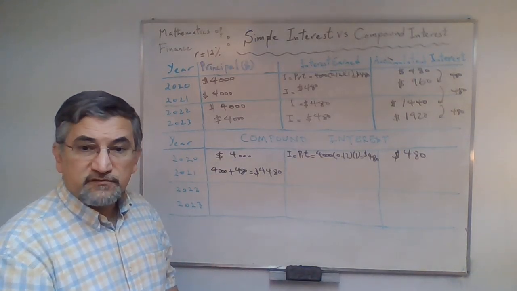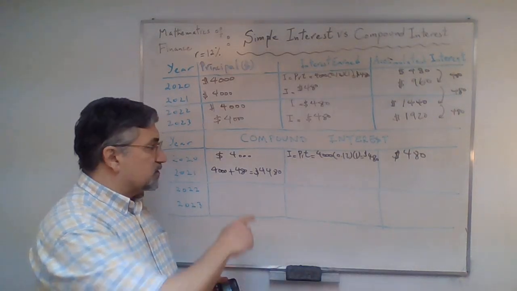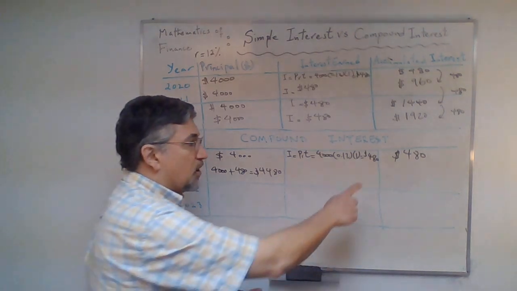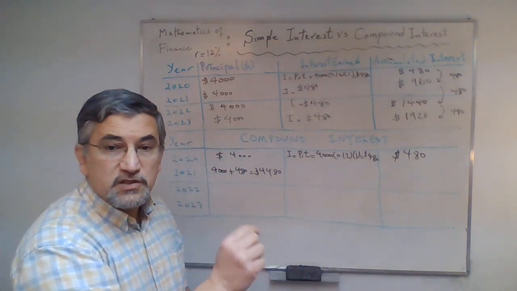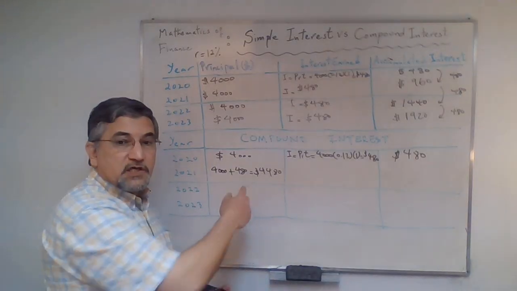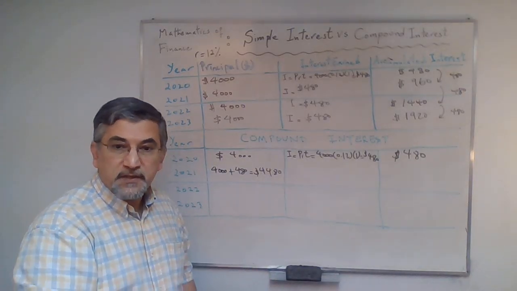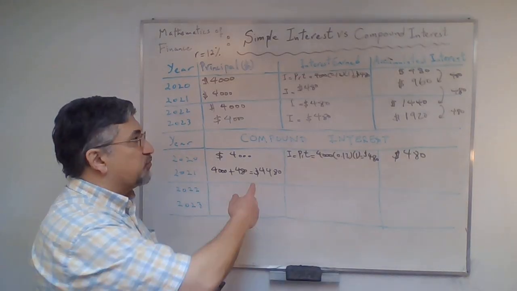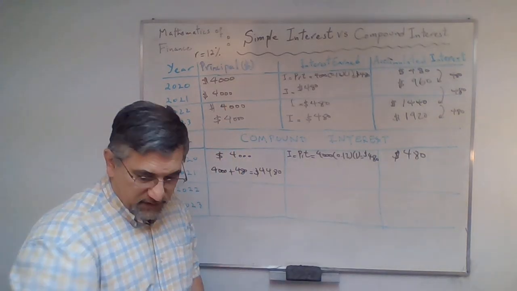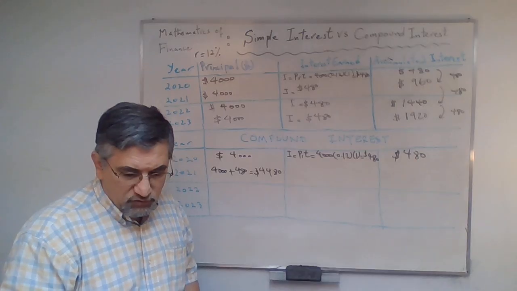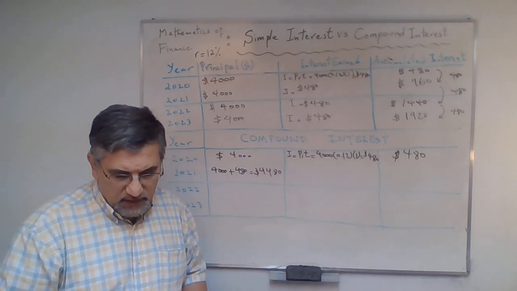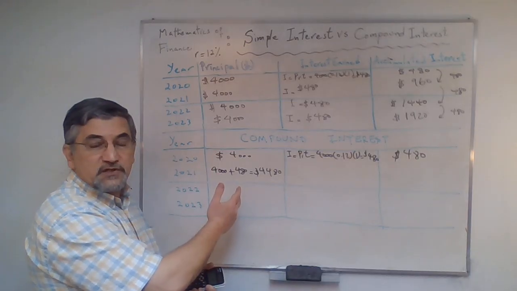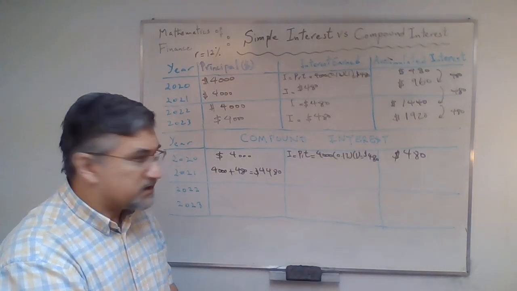So you deserve earning interest not only on the principal of $4,000, but also on the interest of $480. In other words, you are earning interest on interest, not only on the principal as was the case for simple interest. So whenever interest is earned on interest, it is said that interest compounds. And this type of interest is called compound interest.